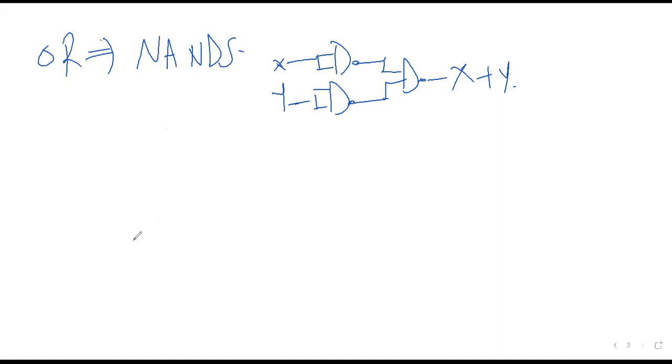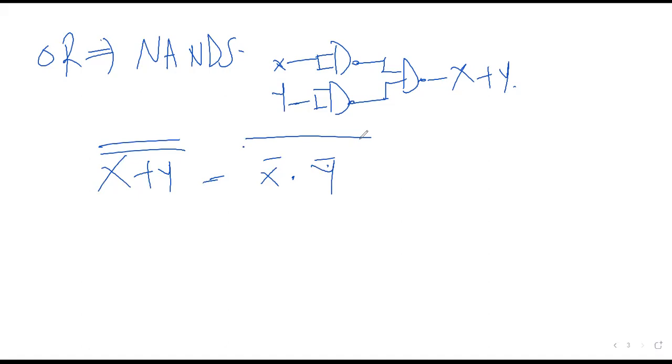So this is X naught and Y naught. Right. So we have X plus Y. If I apply De Morgan's like this, I get X bar Y bar, on top of that, another bar. So what do we have in terms of NAND?